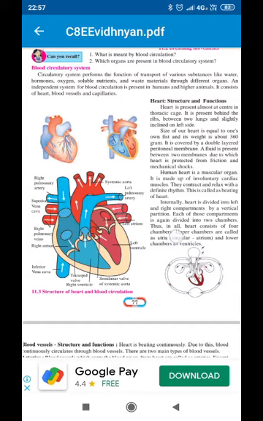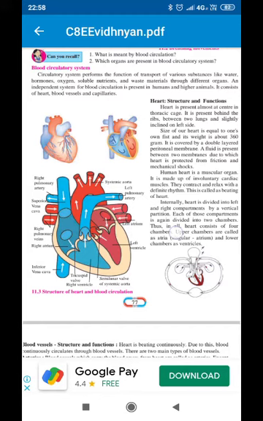The circulatory system performs the function of transporting various substances like water, hormones, oxygen, soluble nutrients, and waste materials to different organs. An independent system for blood circulation is present in humans and higher animals.